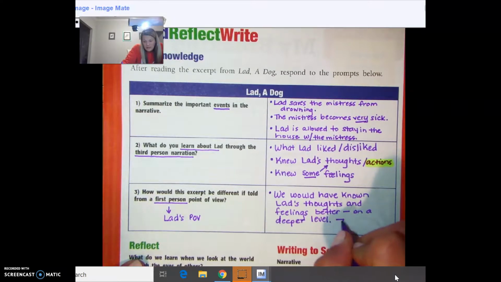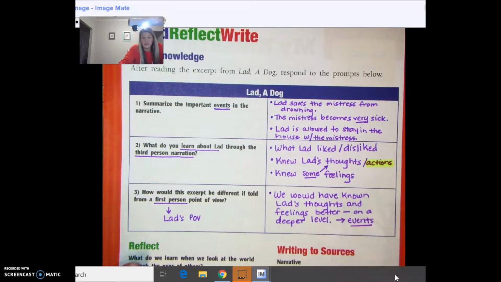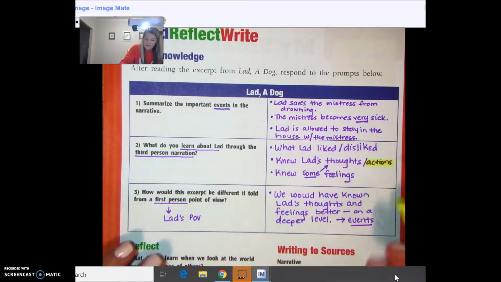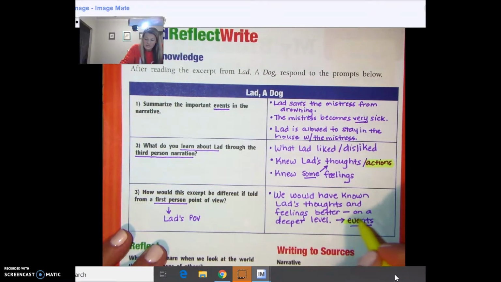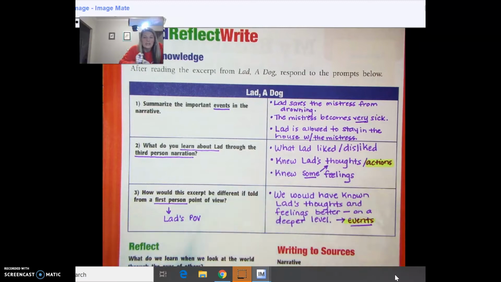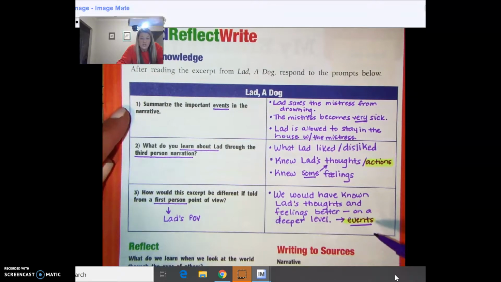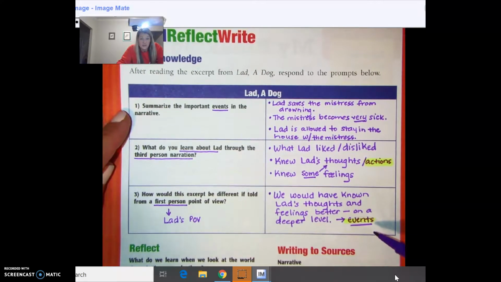So we would have known a lot more about Lad's thoughts and his feelings in the events. And I'm going to kind of just put an arrow and emphasize during the events of the story. Okay, so we knew a lot about his thoughts and feelings of just his general surroundings, the people, the land, his master, his mistress. But we didn't get a lot of the details on his thoughts and feelings during the events of the story.